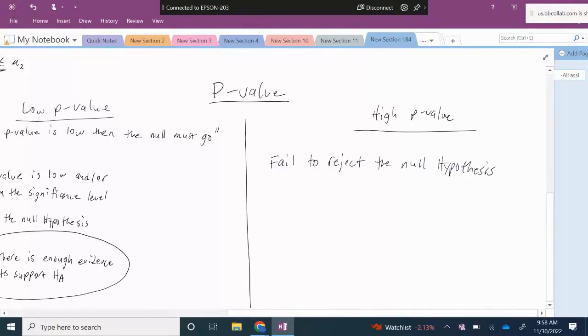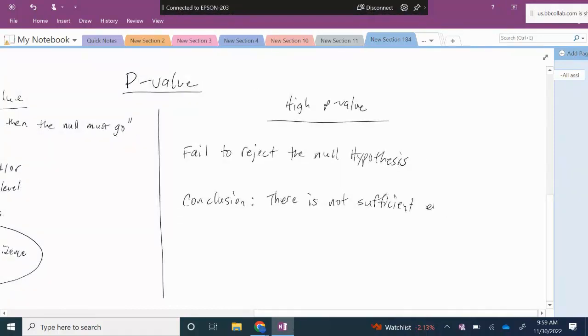Okay. So failing to reject the null hypothesis is different from accepting the null hypothesis. You're going to fail to reject the null hypothesis, and your conclusion should be there is not sufficient evidence to support the alternative hypothesis.